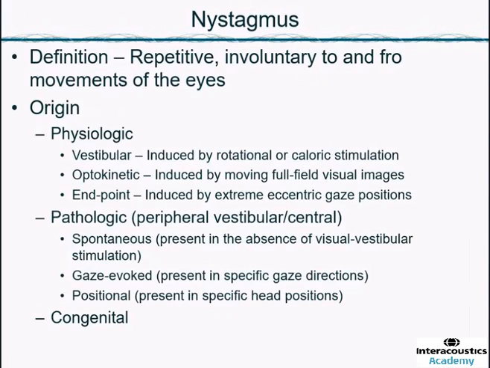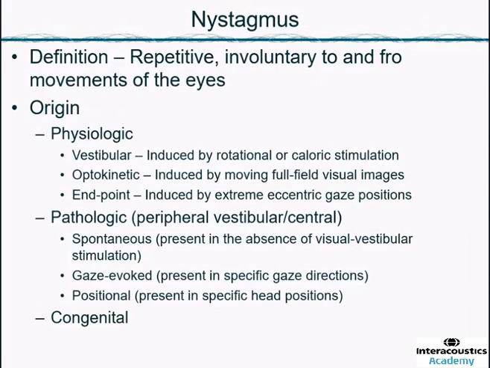So as I mentioned, what we're looking for in these tests is evidence of nystagmus. Nystagmus, by definition, is a repetitive, involuntary to and fro movements of the eyes. The nystagmus can originate from multiple sources. Some of them are actually not any type of pathology.